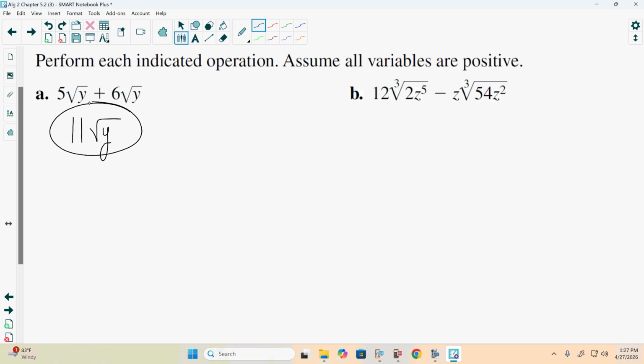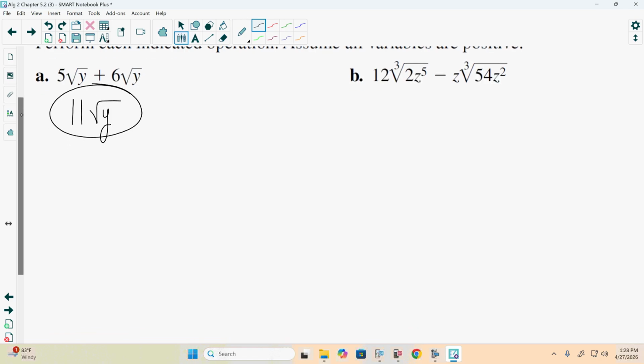B, 12 cubed roots of 2z to the 5th minus z cubed roots of 54z squared. We cannot subtract because these are not like terms.